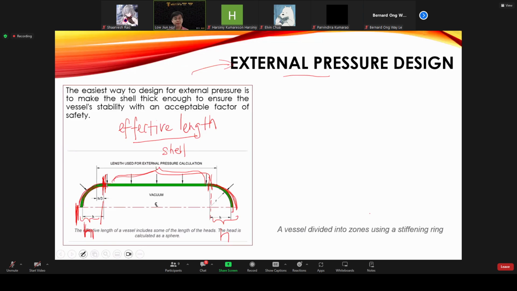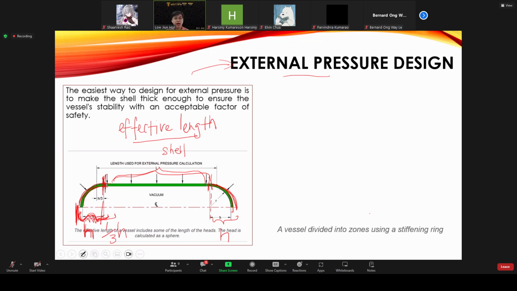Based on the height here, we need to calculate 1/3 of the height of the head, the height of the closure.